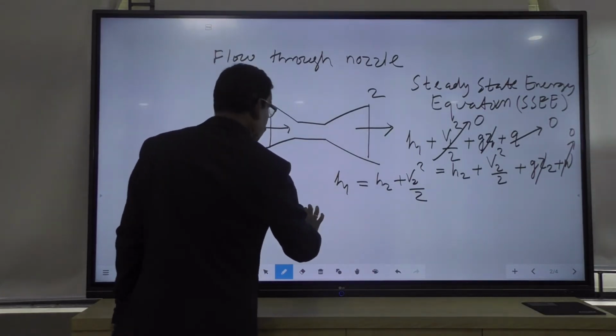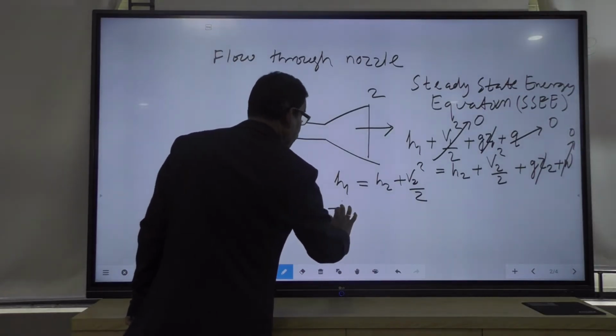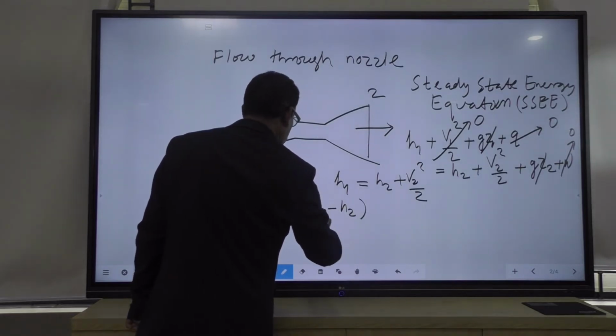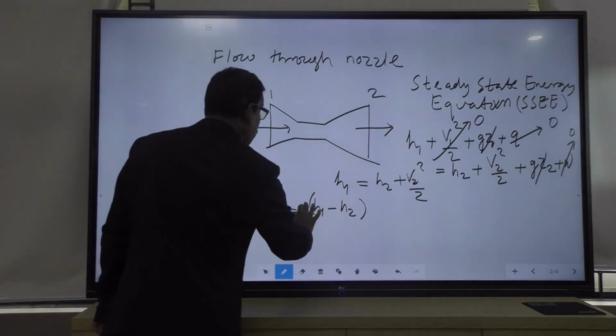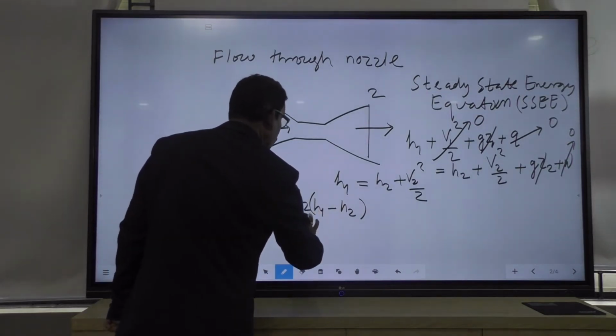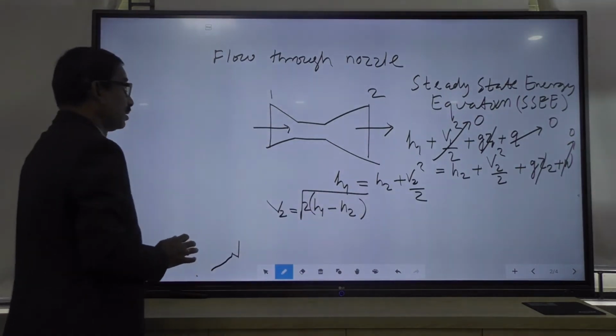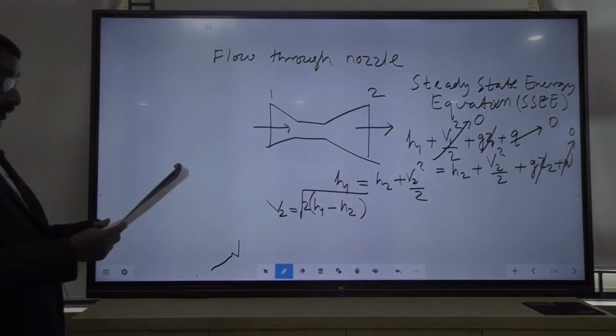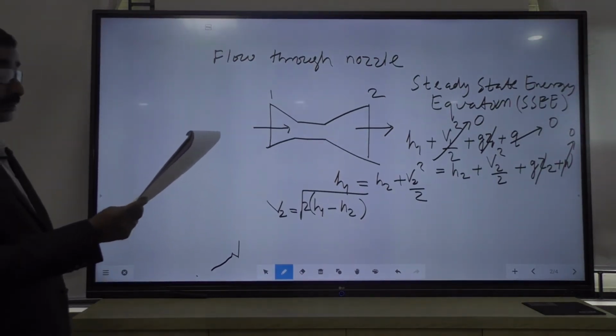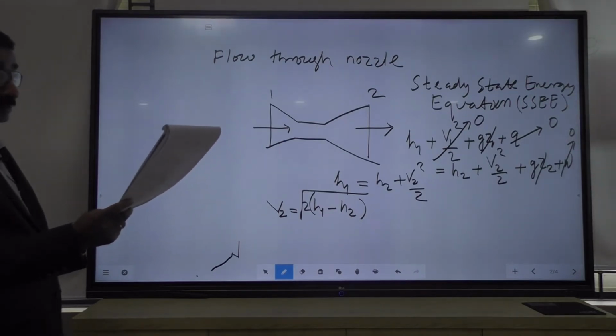So, V2 square will be H1 minus H2 into 2, root over. This is the output velocity of the nozzle, which is the inlet velocity of the turbine.